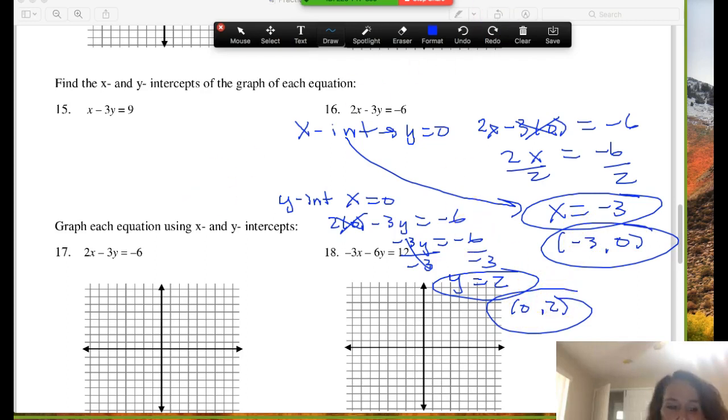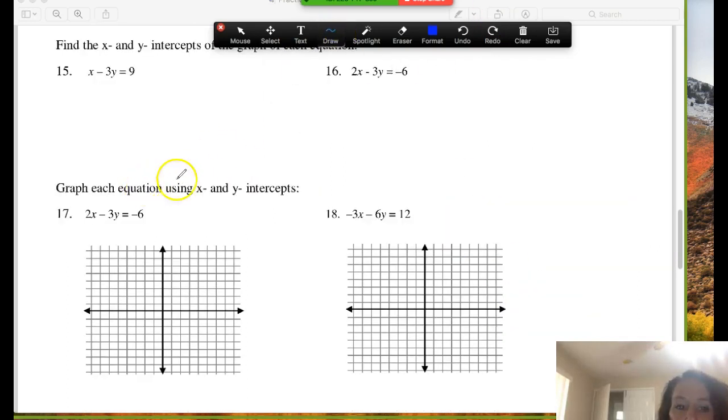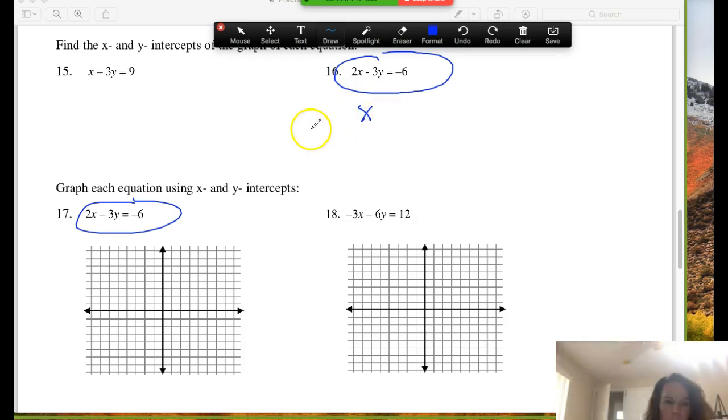All right, on to 7. Okay, look, number 17 told me to graph using x and y-intercepts. This is this equation right here, 2x minus 3y equals -6. So we just did that one, and remember our x-intercept was -3, and our y-intercept was 2.